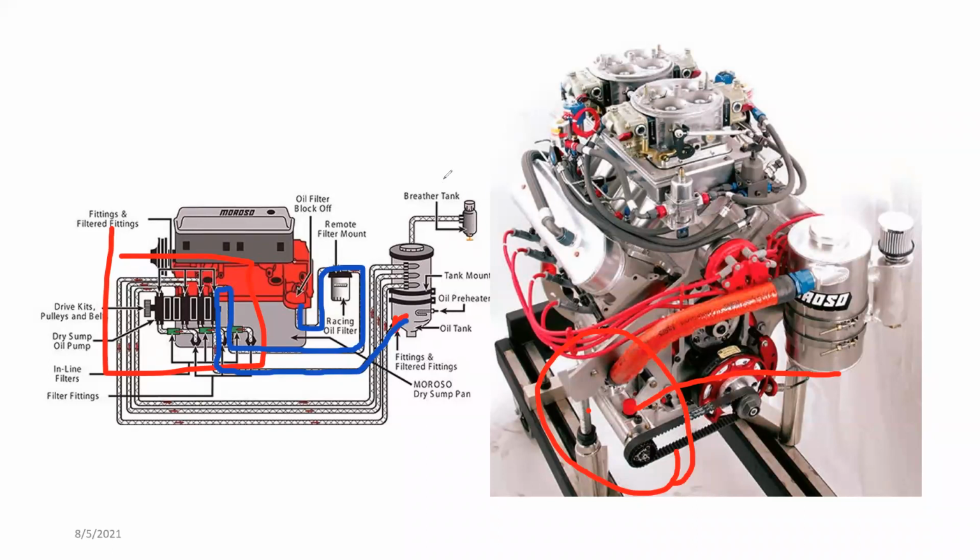As I told you earlier, this tank is called a breather tank. The purpose of having this tank is, as you can see, there's an oil lubricant line feeding into this tank, so lubricant is circulating in this tank all the time.